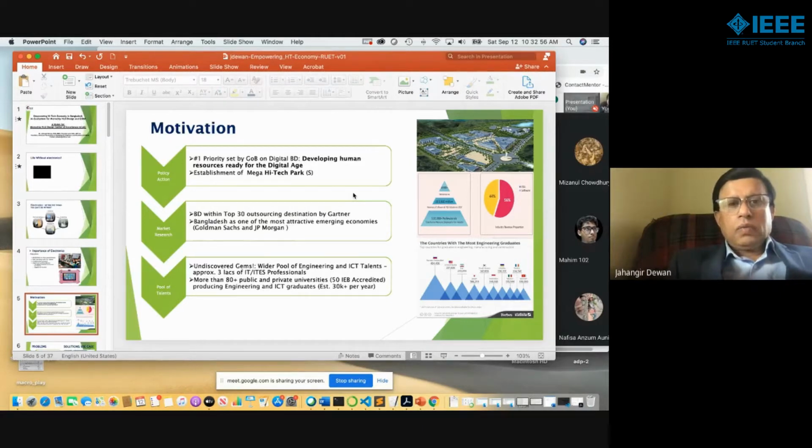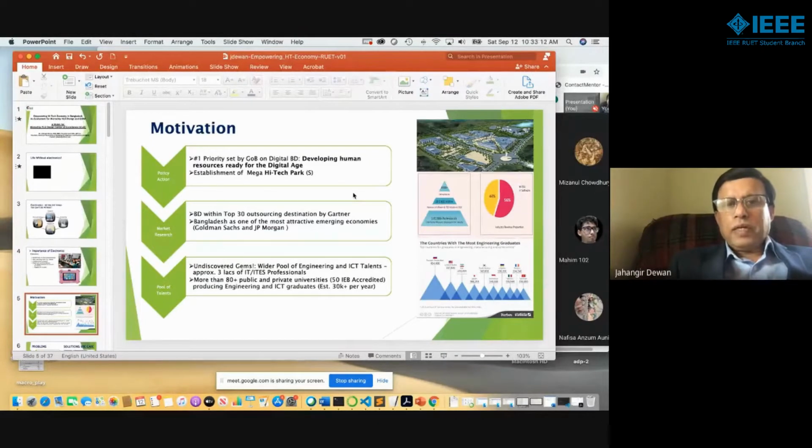Goldman Sachs and JP Morgan, big banks and investment firms, talk about Bangladesh. They did not talk about it before. Now Bangladesh is on the map for IT.